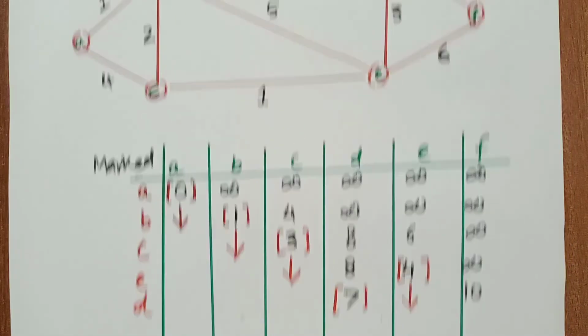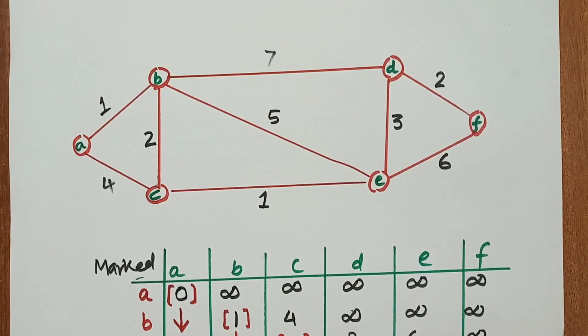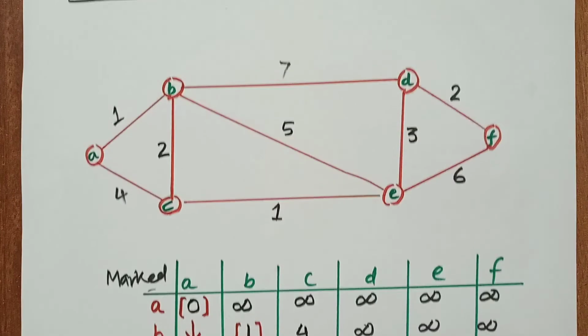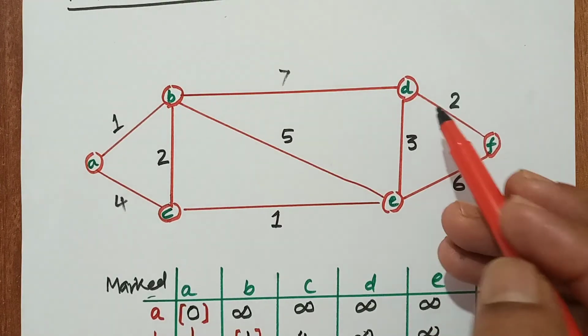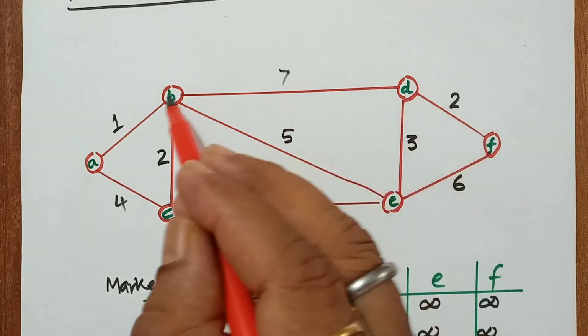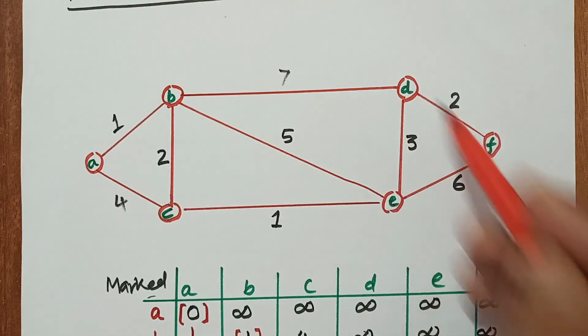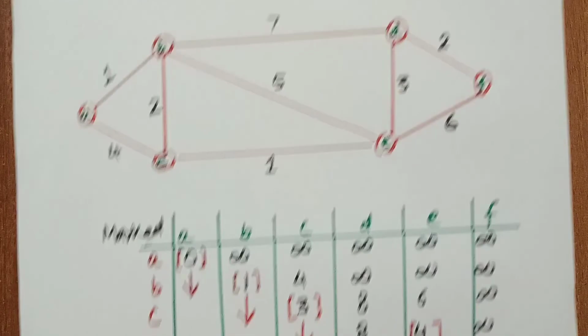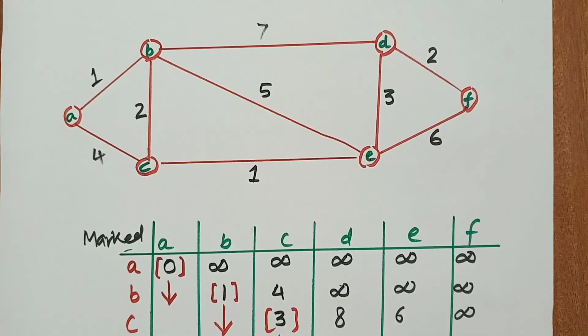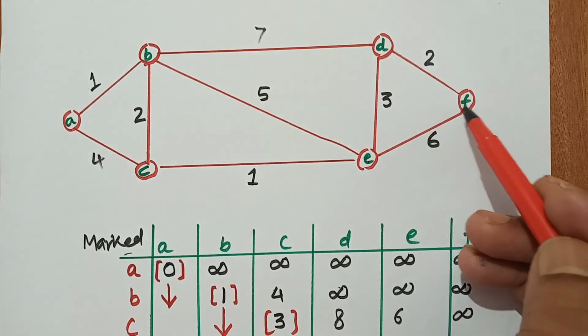Now you concentrate on D. This is D. So how many vertices direct connected to D? So here B, E and F. But B and E has completed. So no need to touch here. So only we see D to F. Okay.